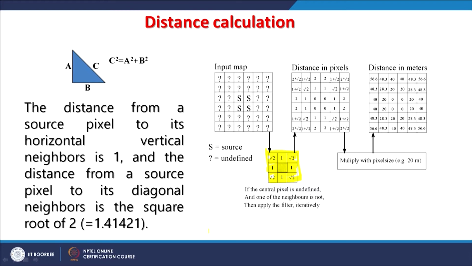Anyway, so this is our input map, and there are two categories in our input map. You can say it is a binary one, where there is a source and this analysis is being done for fetching water. So the source of water is located here and the rest of the areas have no water, so they have been given as unidentified or undefined. Now, this is the distance in pixels.